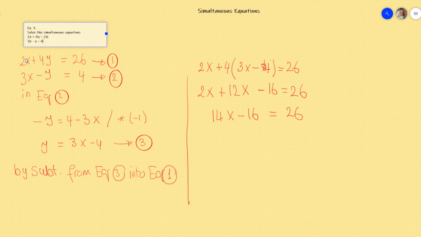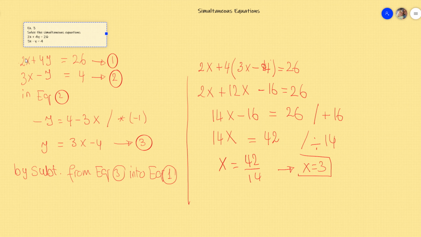We could say that we have 14x, by adding 16 to both sides, is equal 42. By dividing both sides by 14, x is equal 42 over 14. So we will get that x is equal 3.